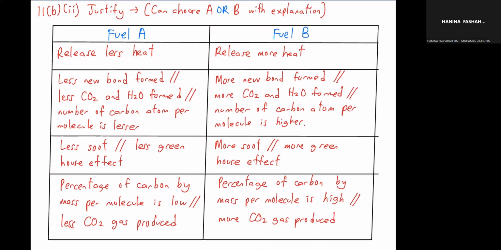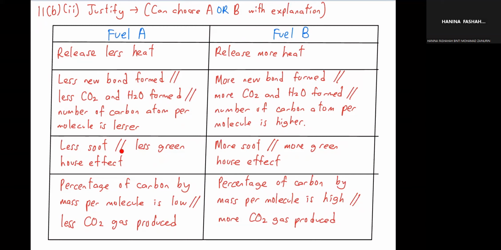So basically the difference is fuel A has less carbon, less carbon atoms per molecule. So less carbon means less carbon dioxide and water produced.